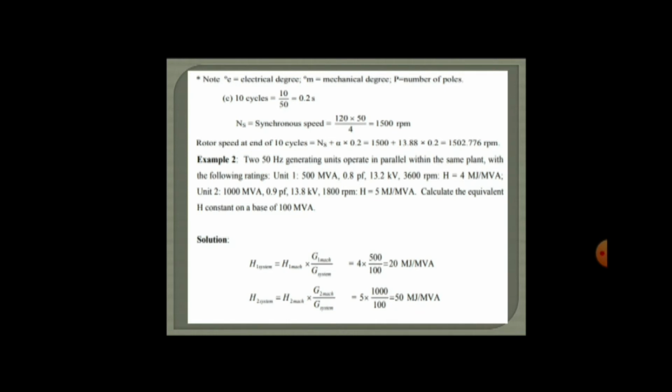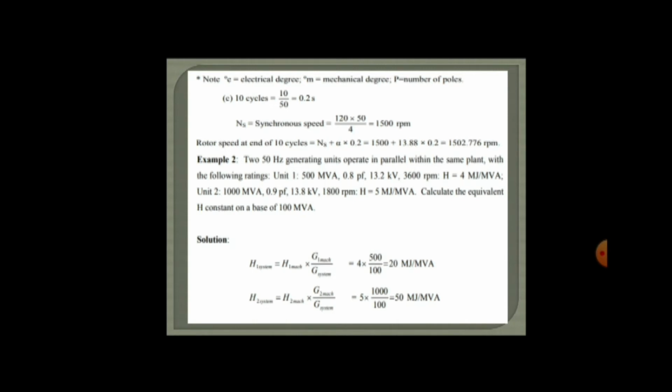G1 means first system, G2 means second system or second unit. Here the inertia constant is already given as 4 into unit 1 rating of 500. You have to convert, so calculate the equivalent H constant on a base of 100 MVA.